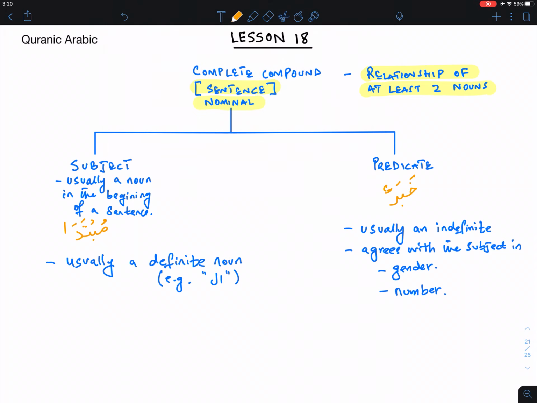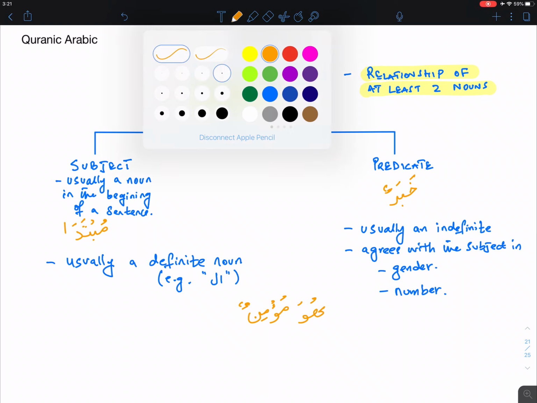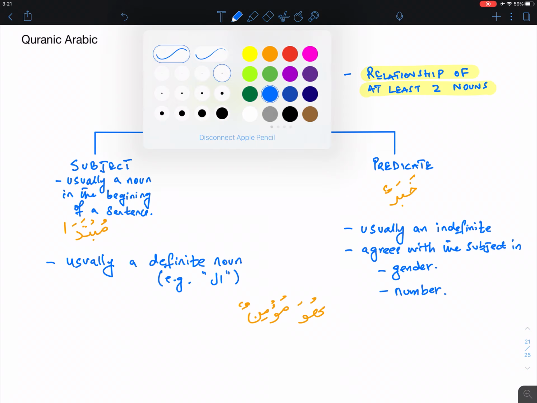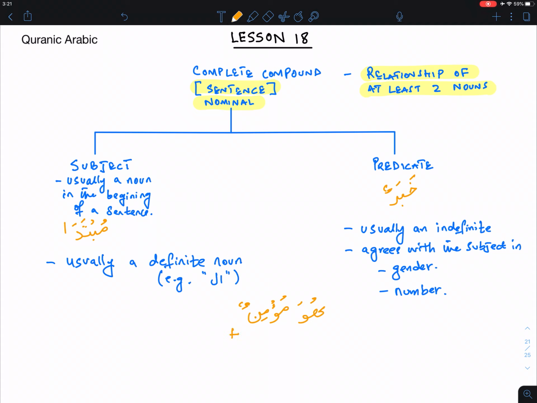The example I'm going to bring in will introduce you to a new type of definite. The example is huwa mu'minun. Okay, let's work with this. Huwa, so the translation is he is.